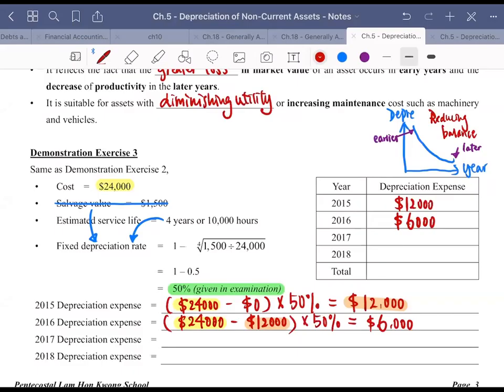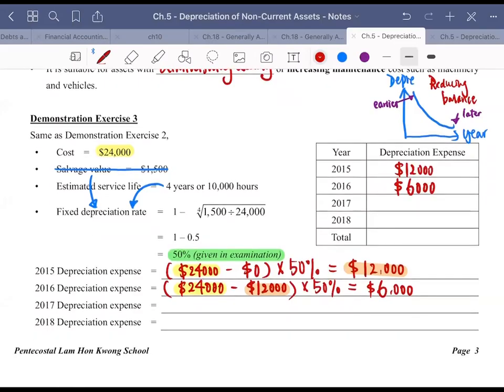Let me demonstrate the 3rd year depreciation. Some of you may think, oh, 2017, so the cost would be the same, and maybe I'll just directly deduct last year's depreciation. If you calculate by this method, the depreciation expense will be higher than the previous year.